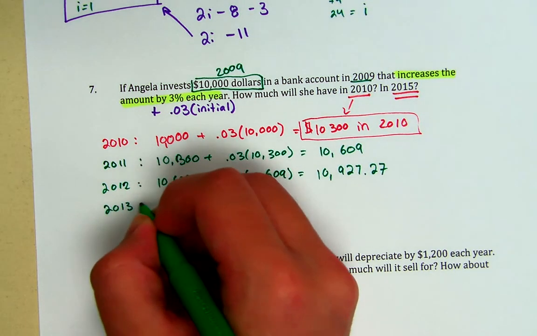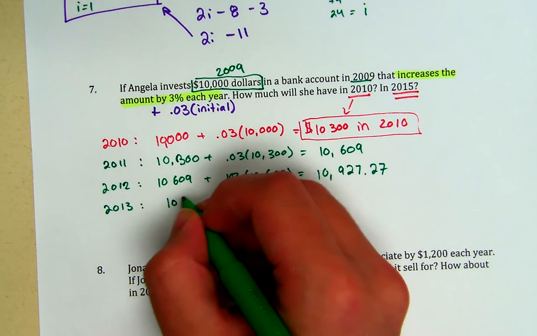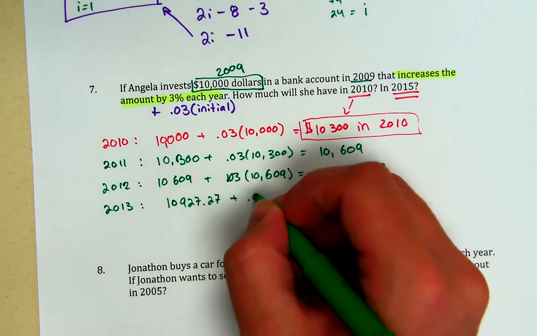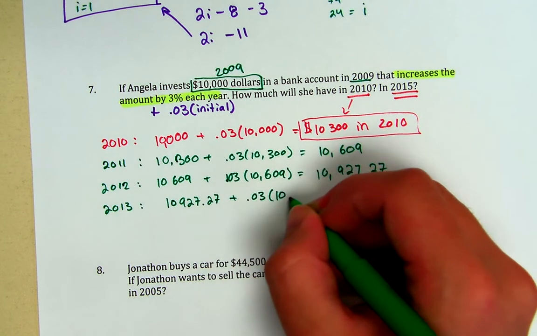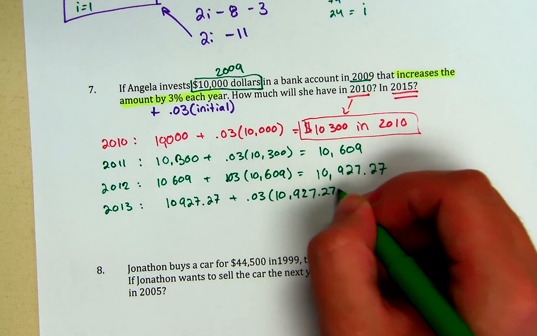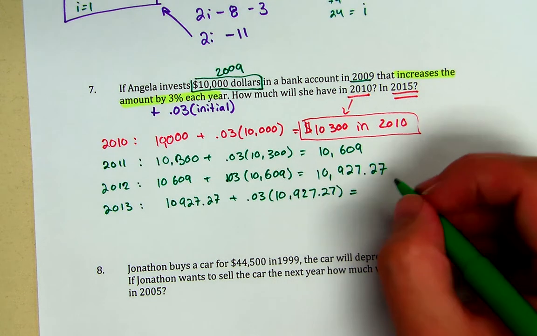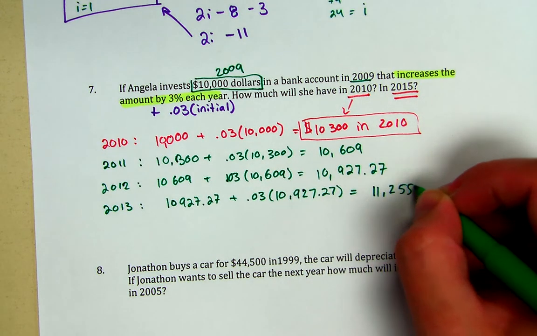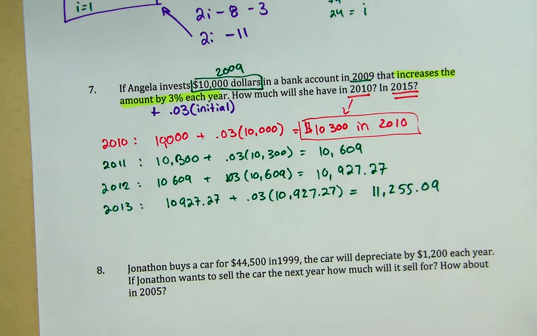We get 2013. We've got 10,927 and 27 cents. Add on 0.03 of it, which ends up equaling 11,255.09.